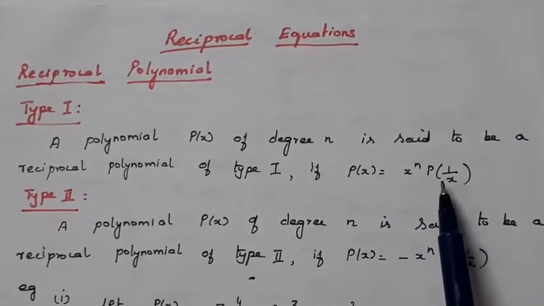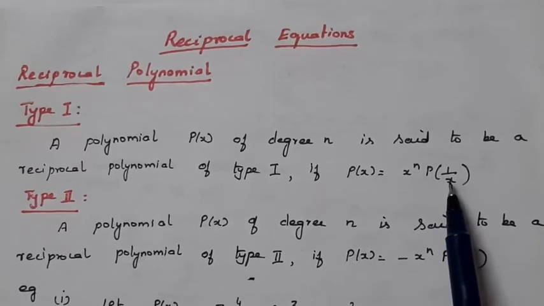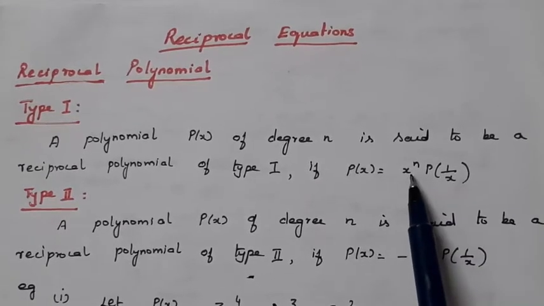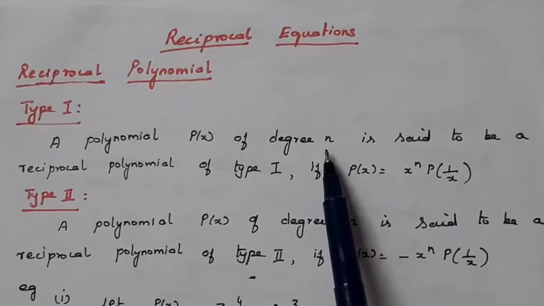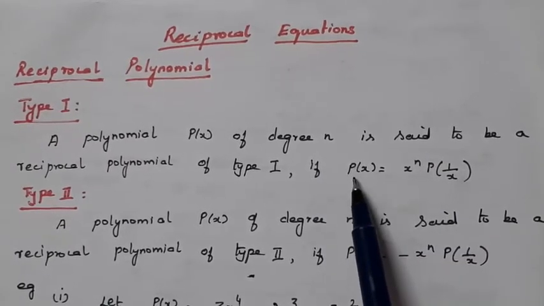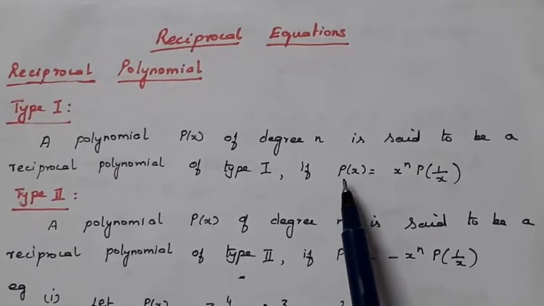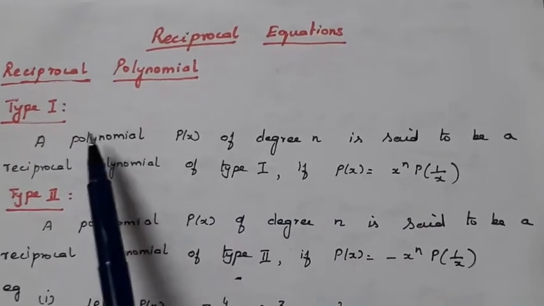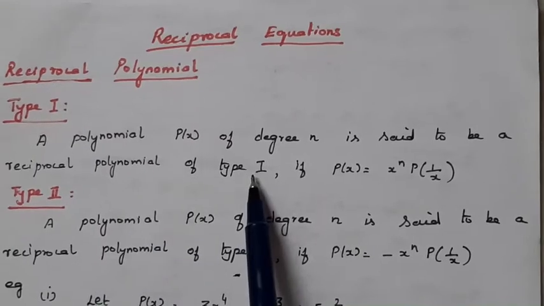That is, after replacing x by 1 by x and multiplying it by x power n, as the degree is n, if we get the product as again the same polynomial p of x, then such a polynomial is said to be a reciprocal polynomial of type 1.